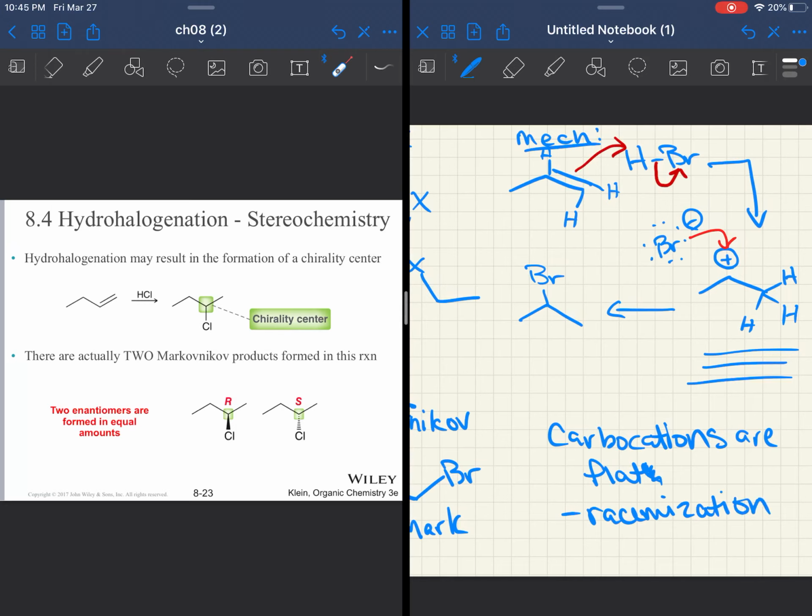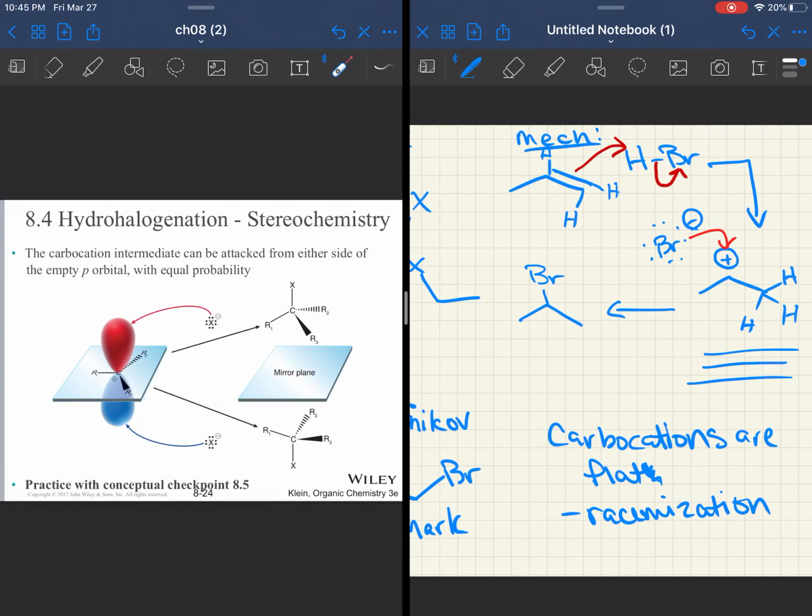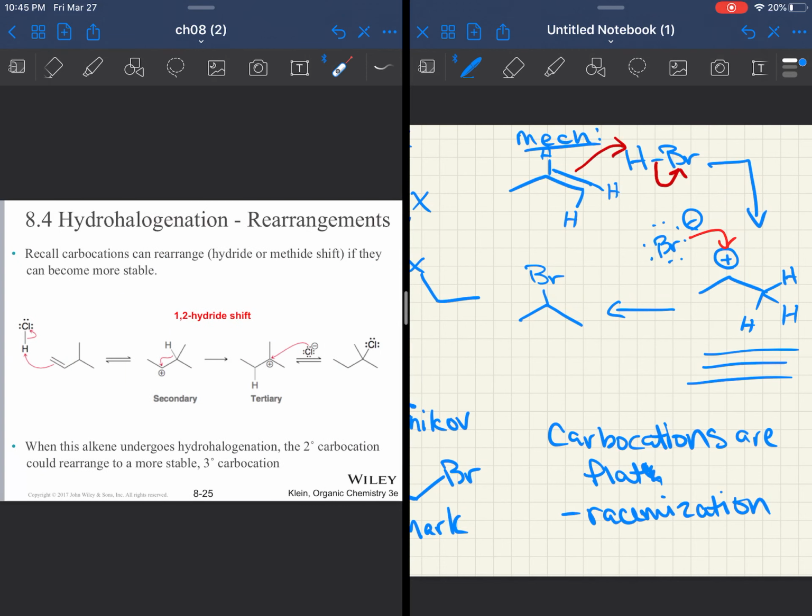Meaning that if it was R, you're going to get R and S. You're going to get a mixture because the bromine, or in this case over here, the chlorine, could attack from the front or the back because it's going to be a flat carbocation. And that's just a different way to look at the stereochemistry, attacking from the front or the back, the top or the bottom.